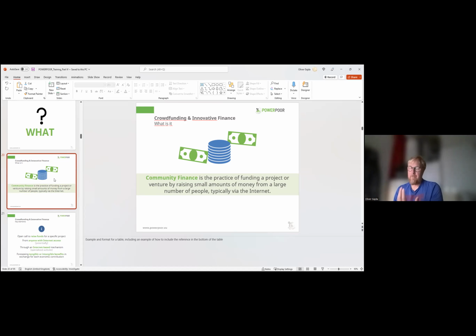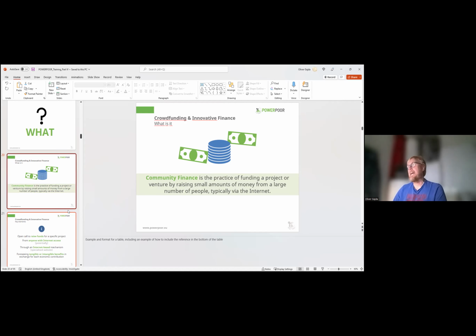And when we talk about crowdfunding, then this happens on the internet through a dedicated website, not dissimilar to eBay, where an offer is being made, or a call for funds is being made to ask for either support or financial contributions for a specific project.